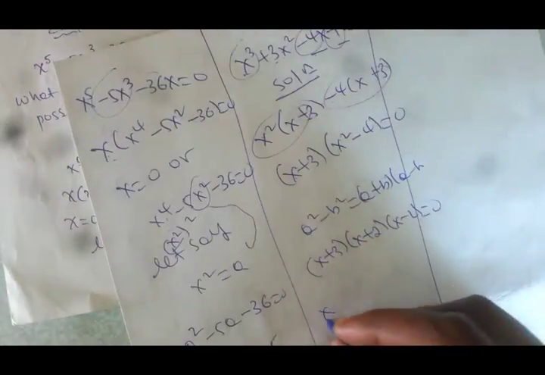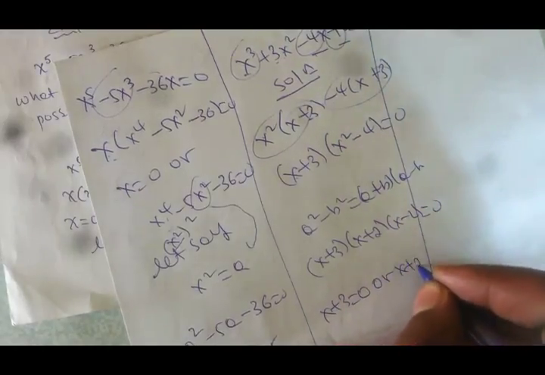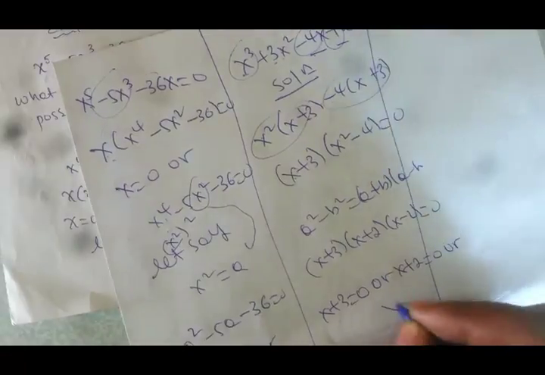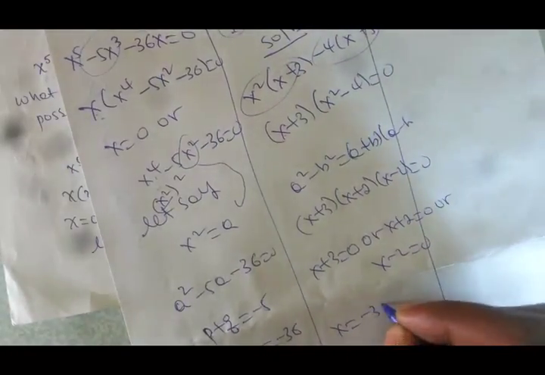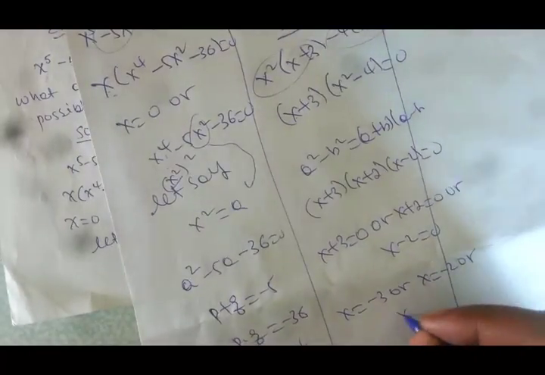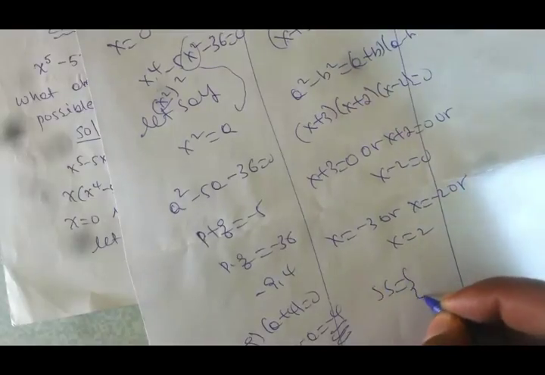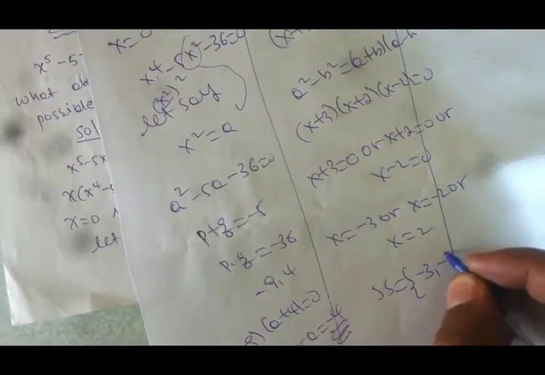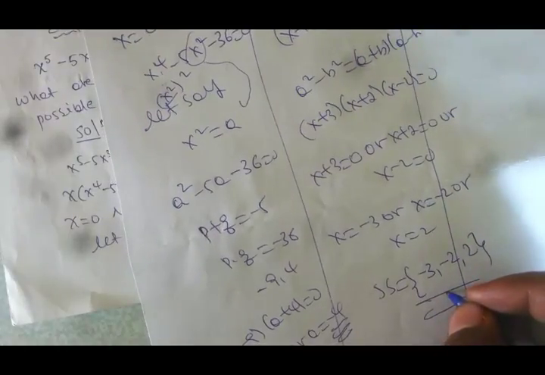Therefore, either x plus 3 is 0, or x plus 2 is equal to 0, or x minus 2 is equal to 0. x can be minus 3, or x can be minus 2, or x will be 2. Therefore, the solution set, minus 3, minus 2, 2, will be all the possible solutions of our equation.